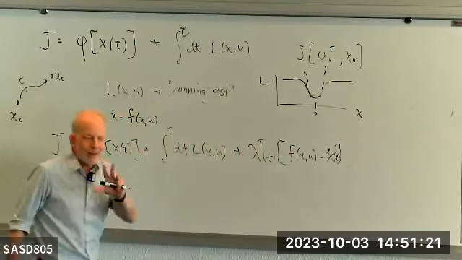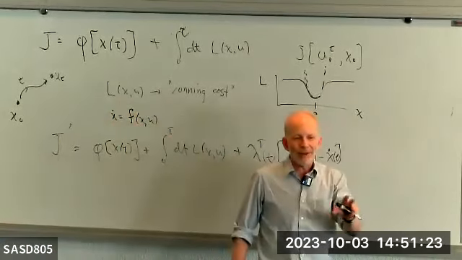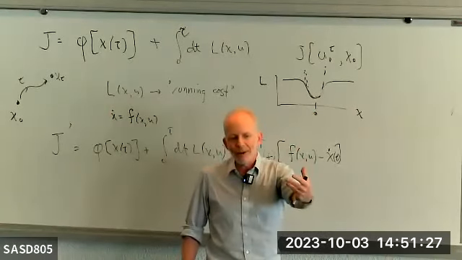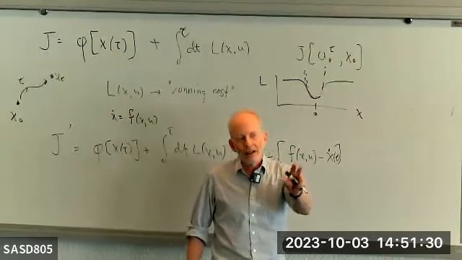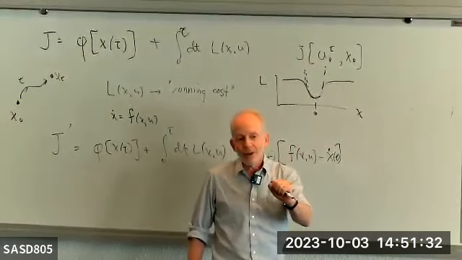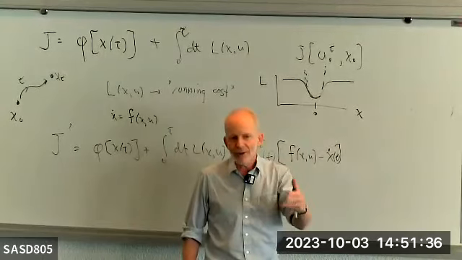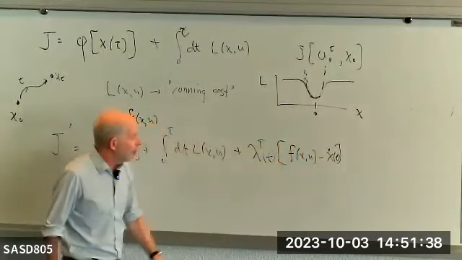Okay, so I'm hoping that Lagrange multipliers are stuff that people have seen. So again, you put in a Lagrange multiplier with a constraint, so that you can turn a constrained optimization into an unconstrained one with extra variables.